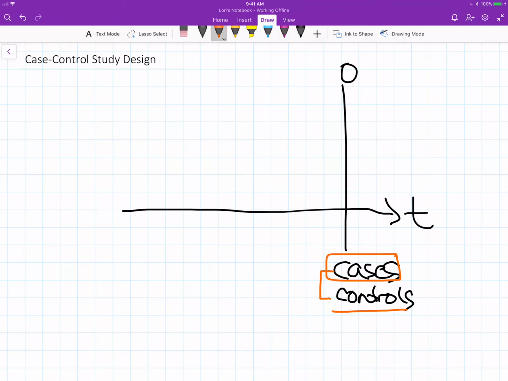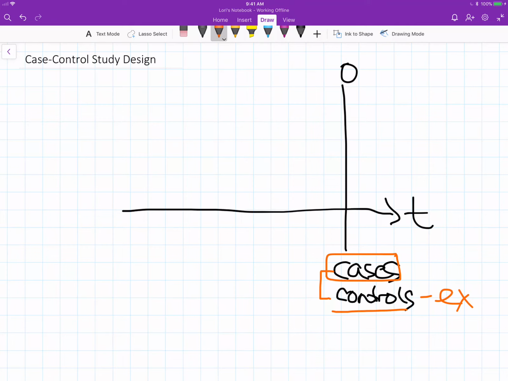And so the controls really serve to help us understand what's expected. So I'll put EX for expected. The controls help us to see if what we're seeing in the cases is more or less than what we would expect, or if it really is just the same for any given exposure.